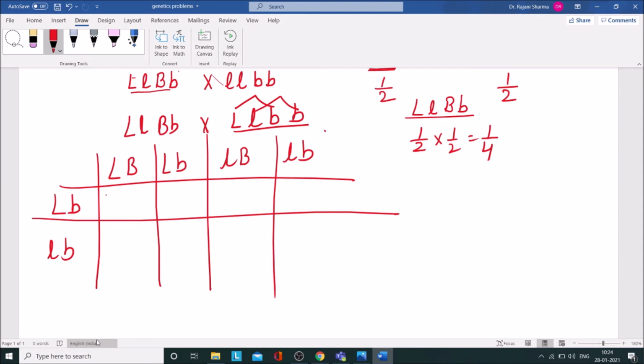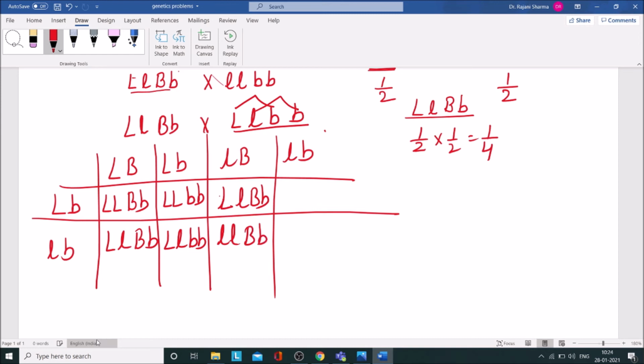We will have capital L capital B small b, capital L small l capital B small b, capital L small b small b, capital L small l small b small b, capital L small l capital B small b, small l capital B small b, capital L small l small b, capital L small b small b.